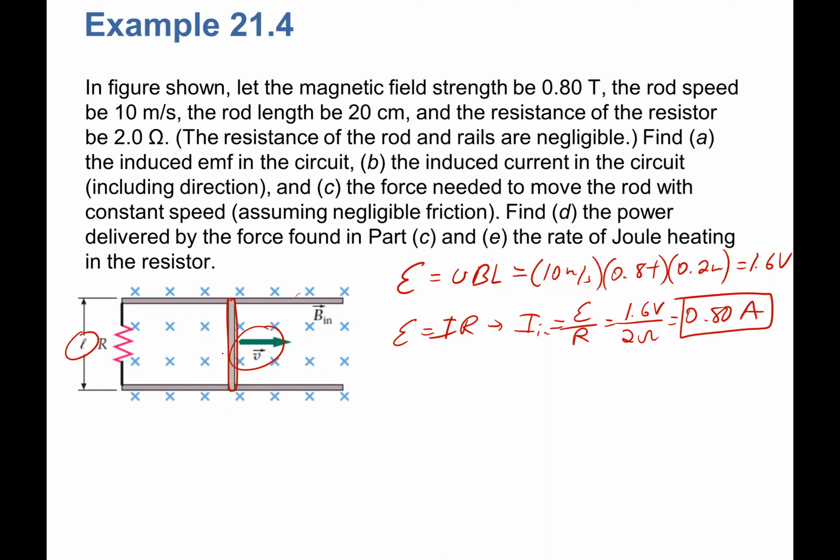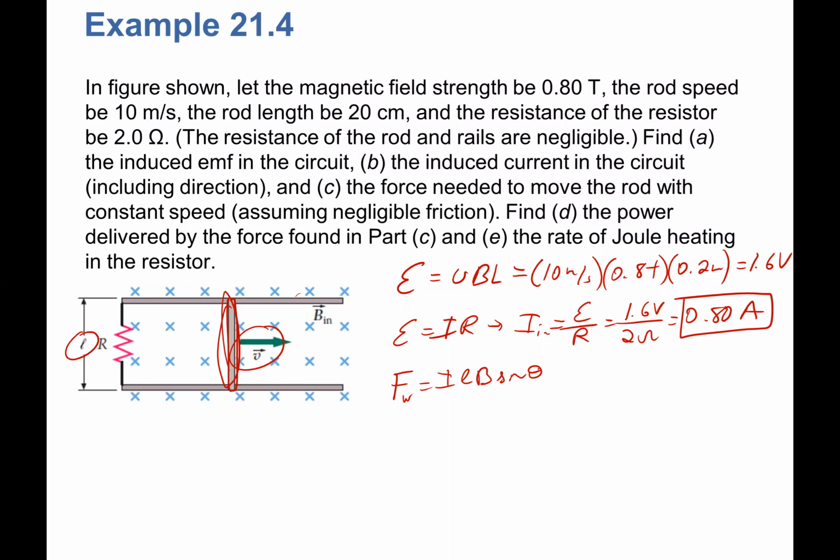I remember we talked about before the force on a conductor that has a current running through it, and there's an external magnetic field. I remember the force on a wire was ILB sine of theta, right? We talked about that in chapter 20, because the magnetic field exerts force on that wire, okay?